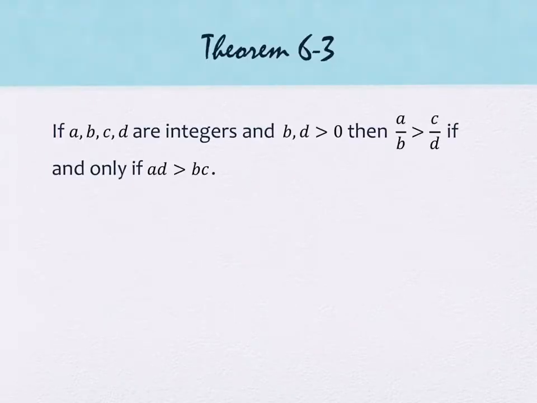All right, this is a very similar theorem, Theorem 6.3. If we're comparing two fractions again, a over b and c over d, and we cross multiply, they could have a less than or a greater than, either way, this one's greater than, symbol between them, and that will stay the same. So again, we're cross multiplying, and you see that the direction of the inequality stays the same.